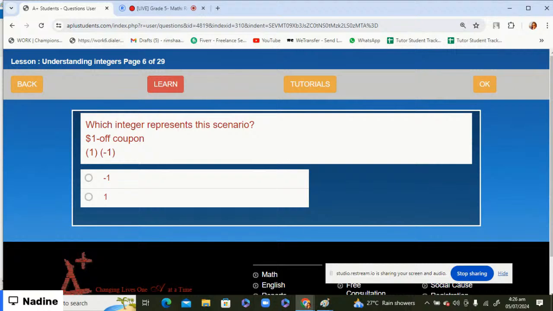Which integer represents this scenario? $1 off coupon. It's off. It means that it's not in the form of something increasing; it's low, something you can say is less. You can say that there is less money to pay.